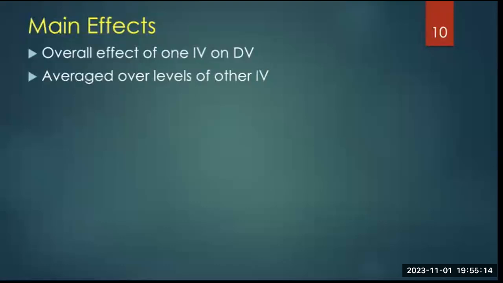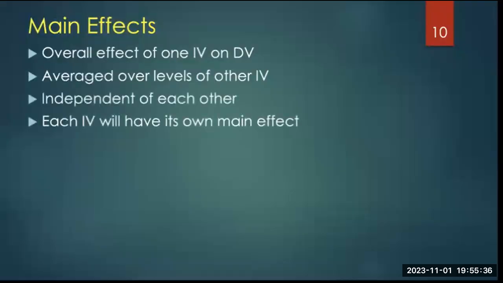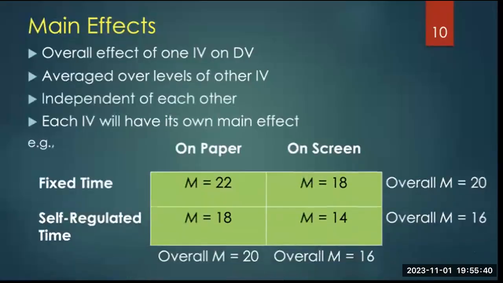Since it's an overall effect, the numbers we will look at are averaged over the levels of the independent variable. So we're not looking at just level 1, fixed, and then self-regulated, and then level 2, right? We're not looking at those separately. We're looking at the average of how that time affected their performance. So each independent variable will have its own main effect.